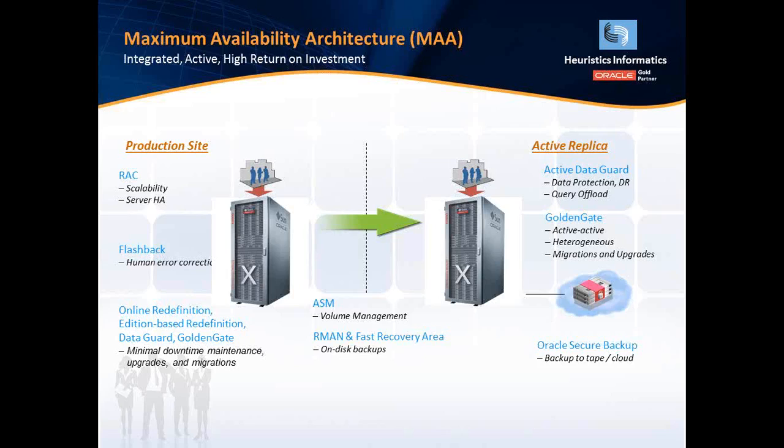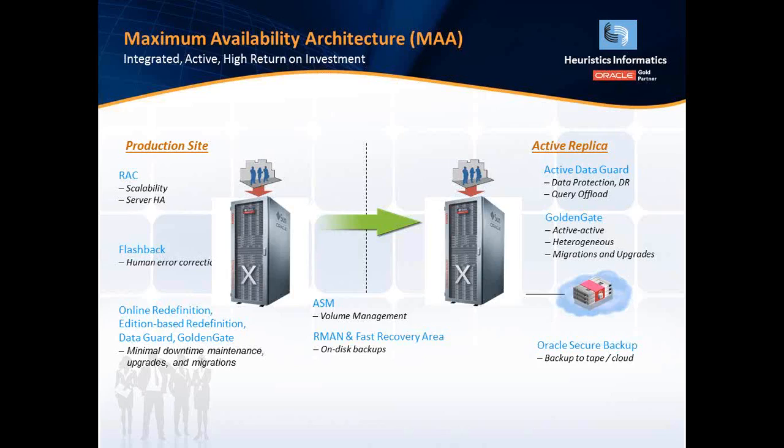But for a maximum availability environment, you don't just want to protect yourself from hardware failures, you want to protect yourself all the way from disasters also, which is what is known as disaster recovery, or in other words, business continuity planning.